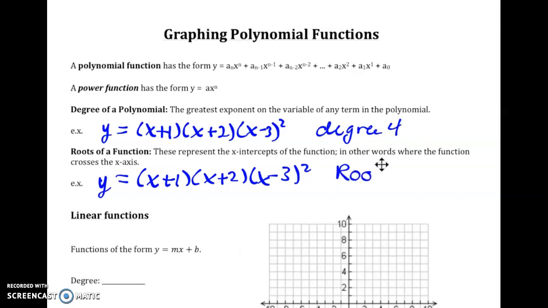So in this case, the roots would be x equals -1, from the second bracket, -2, and from this third bracket, it would be a 3. Okay, and just because it's squared doesn't actually matter. It's just that that root would have appeared twice.